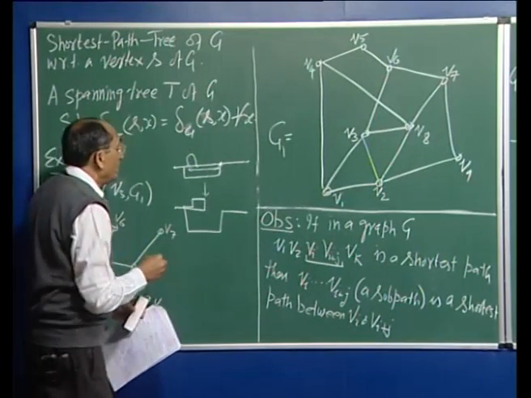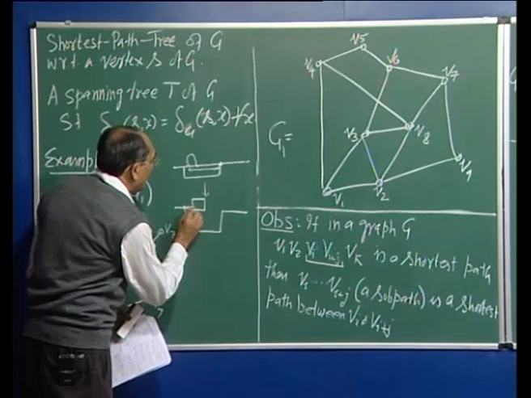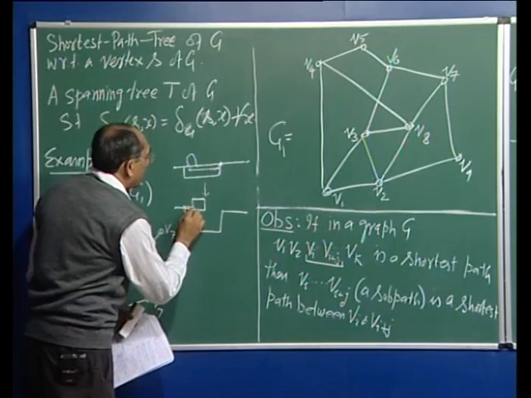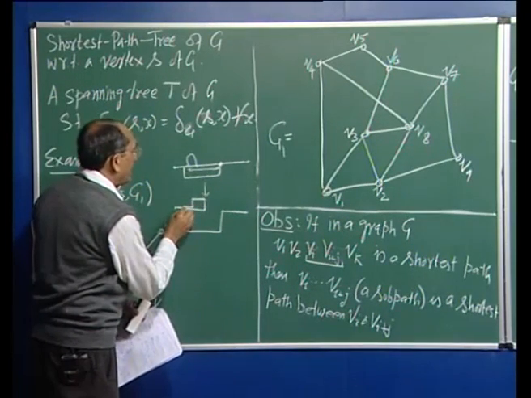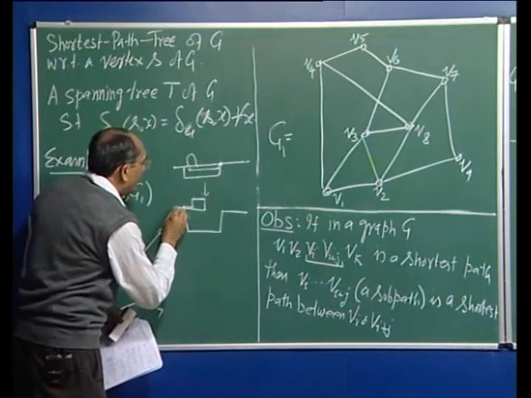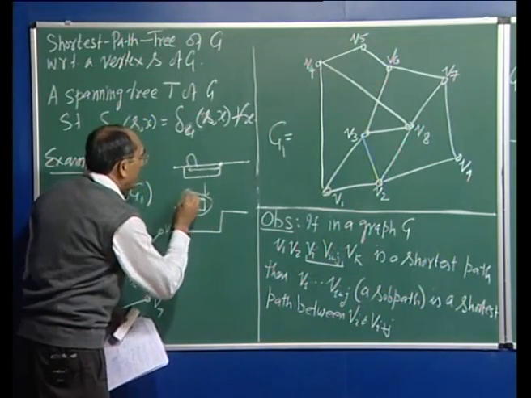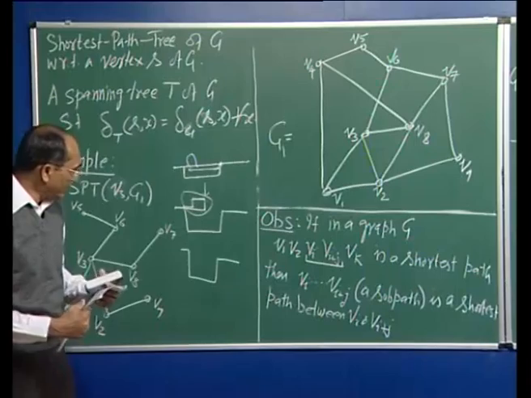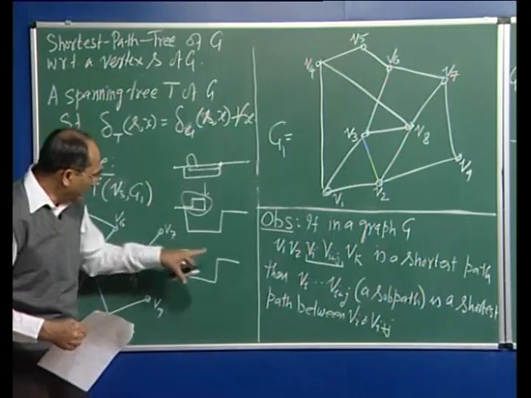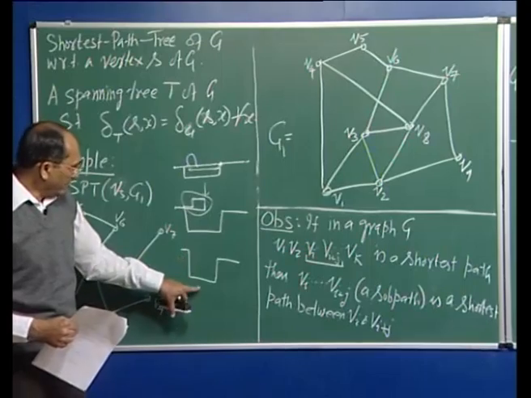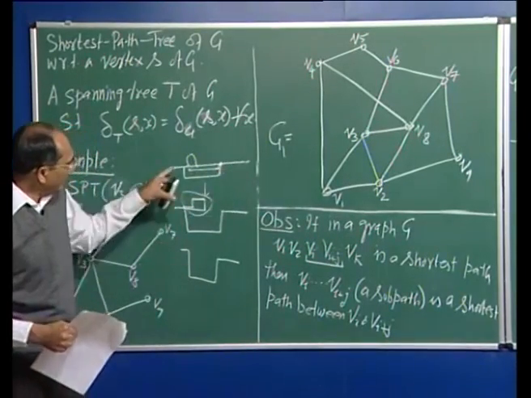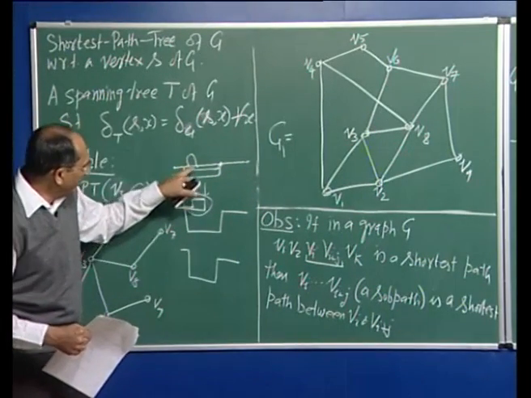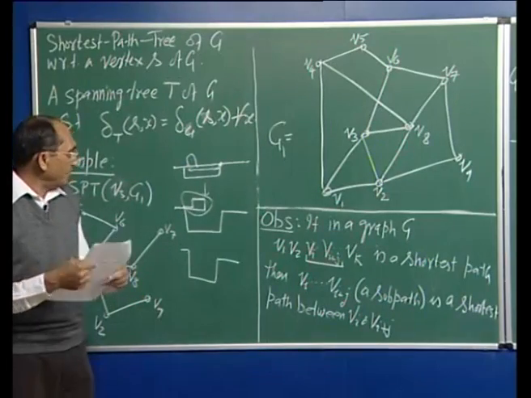Then in that case, we can cut it off. If you notice, here is a cycle, this is a cycle, and this is a closed walk. It starts here and ends here. So, I can delete this structure and end up getting an even shorter structure. If you remove all such closed cycles, you get a path between the same two end vertices, which will be strictly shorter than the original path, but the original path was shortest, hence this can't happen, and this better be the shortest path between the two vertices.